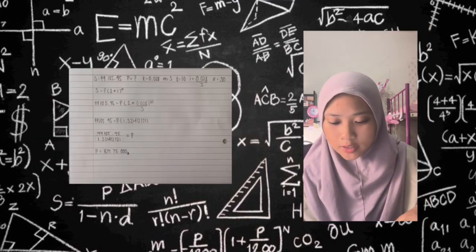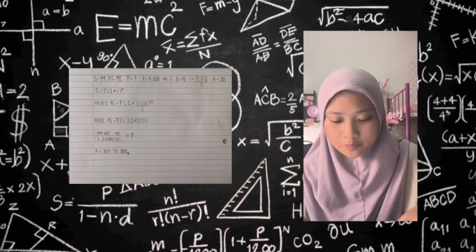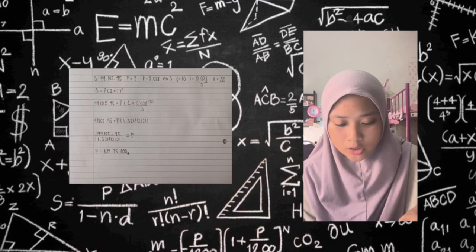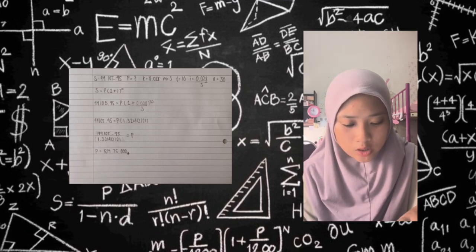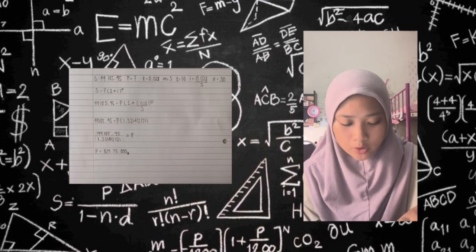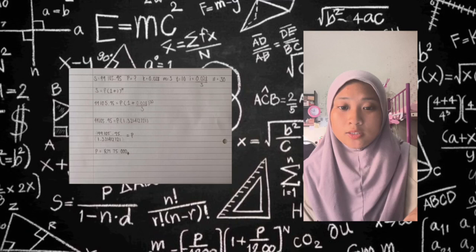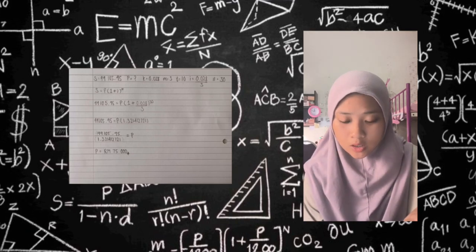S equals 99,105 ringgit 95 cents. P, there is no value for P. And then K is 0.028, M equals 3, T equals 10, I equals 0.028 per 3, and N equals 30. And of course, the same formula, which is compound interest, S equals P bracket 1 plus I power n.